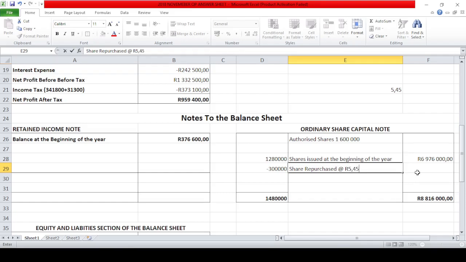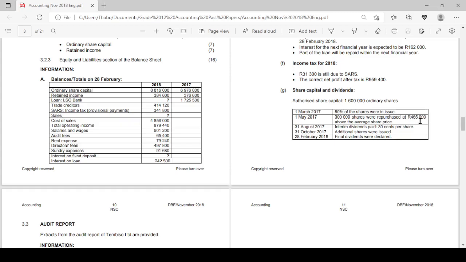So it's going to be 300,000 times 5.45, which gives us 1,635,000 rands. Yes, this is our repurchases. So the amount that we are given on this information, which is the 465,000, this is the one that we are going to use on our retained income for the repurchasing of shares.